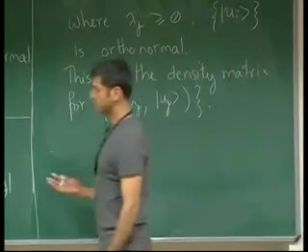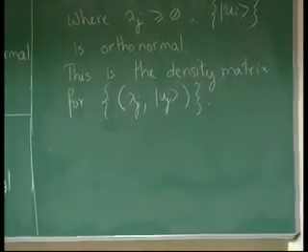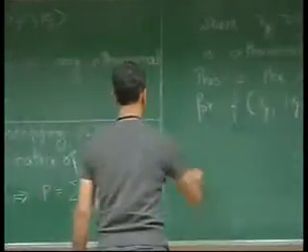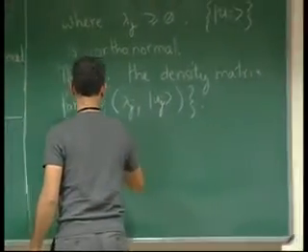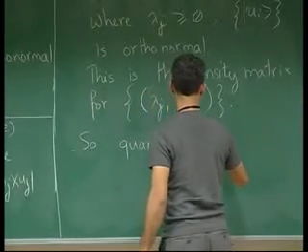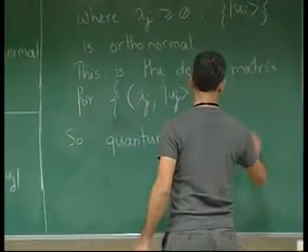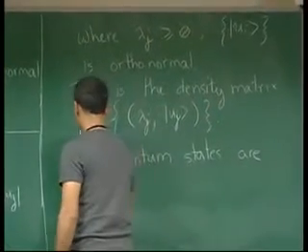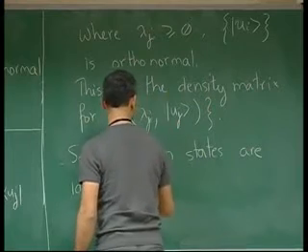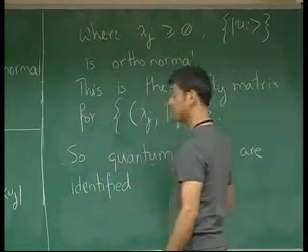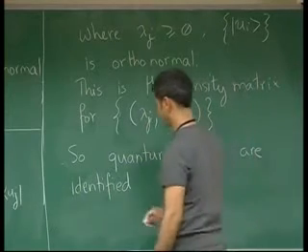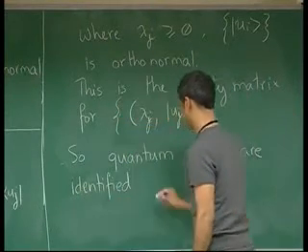So it makes sense to identify density matrices with quantum states. Meaning, whenever I talk about a quantum state, I mean some density matrix, which may be pure in specific cases.